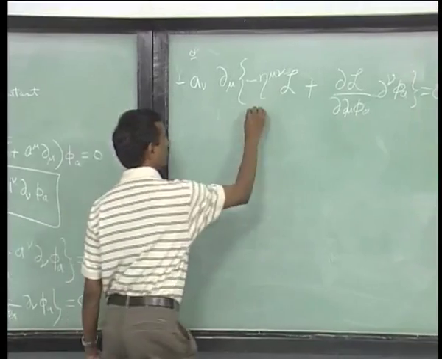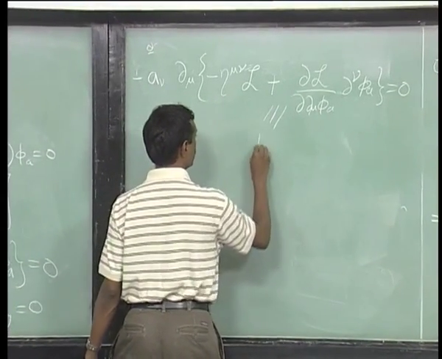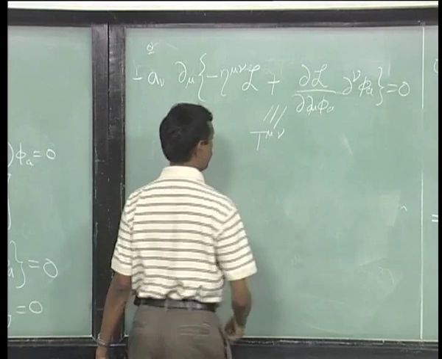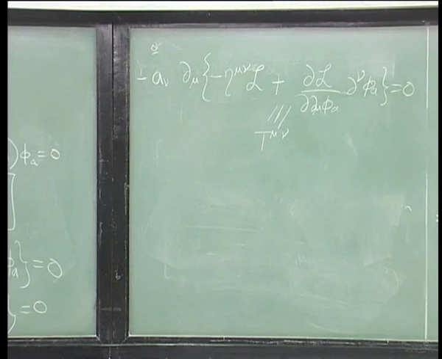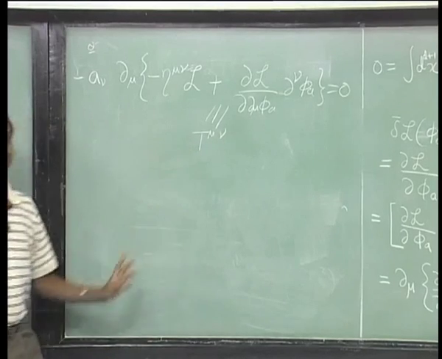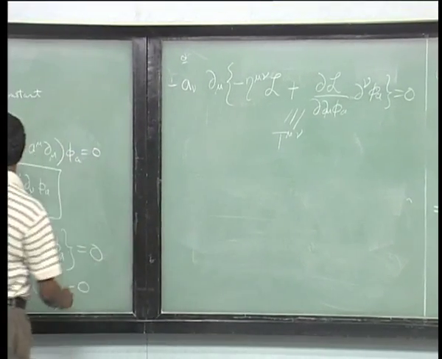And this is the object inside the curly braces, which I will call T. This is exactly what we had got earlier. So now we can see that we have 4 currents, or d plus 1 currents if you are in arbitrary dimension. So this is the first example.